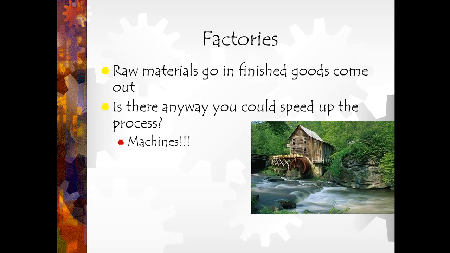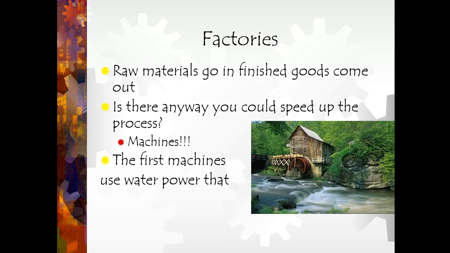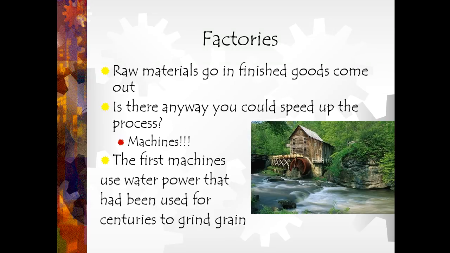So we've got larger factories, and these machines are going to use water power, and water power, as we know, had been used for centuries to grind grain and do other sorts of work. And so now we're going to use, and I think you can see my mouse cursor here, we're going to build these factories near rivers, and we're going to use the force of the water, the running water, to turn this wheel.